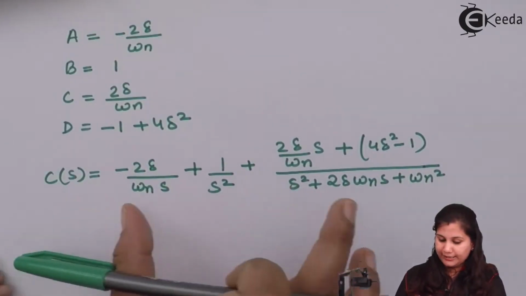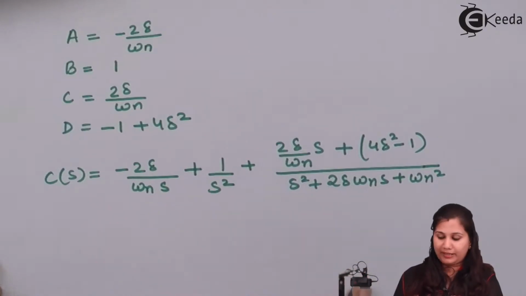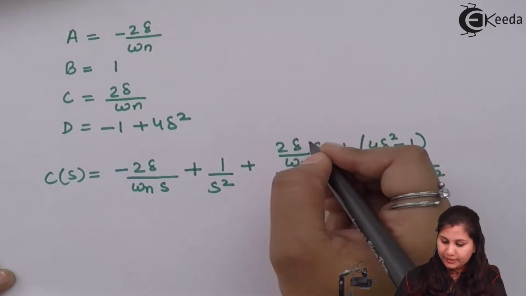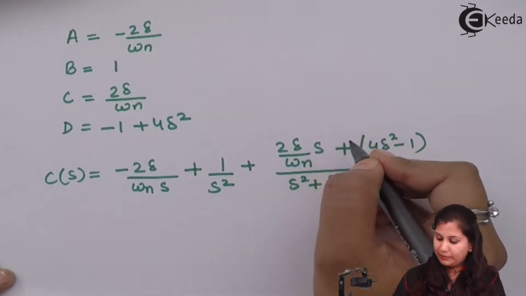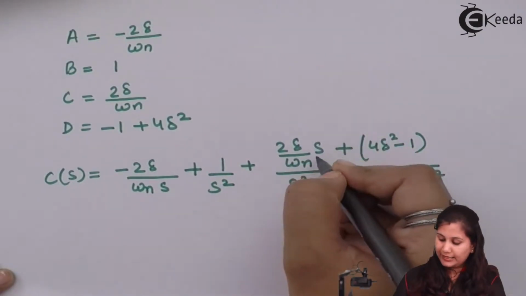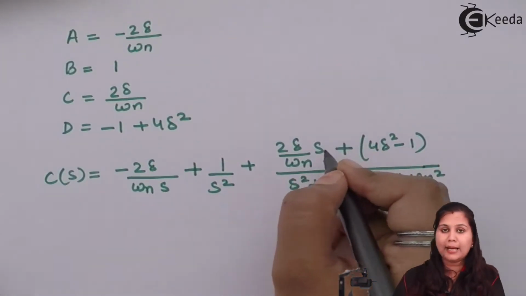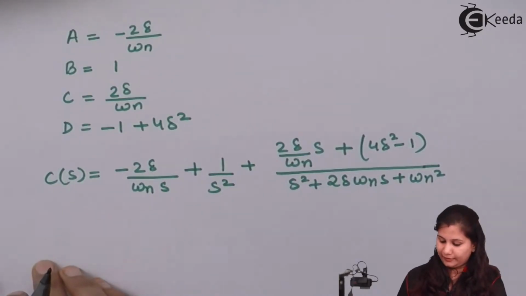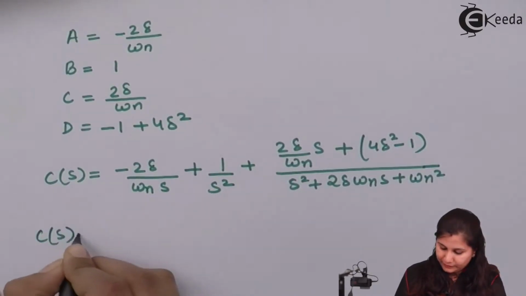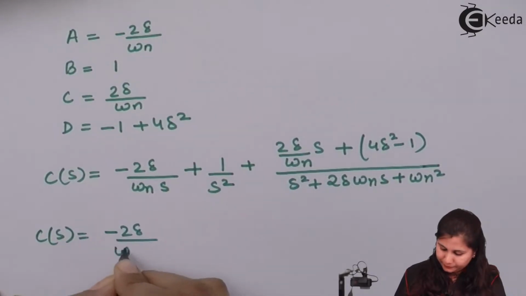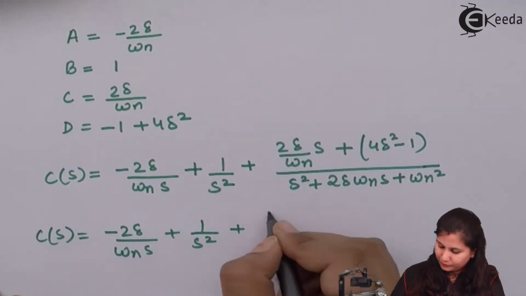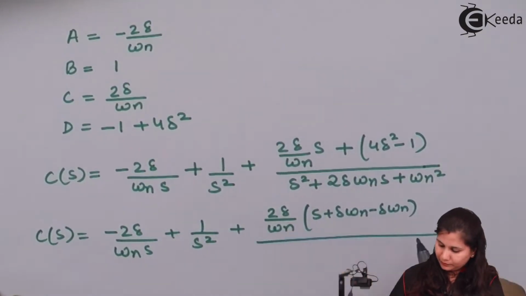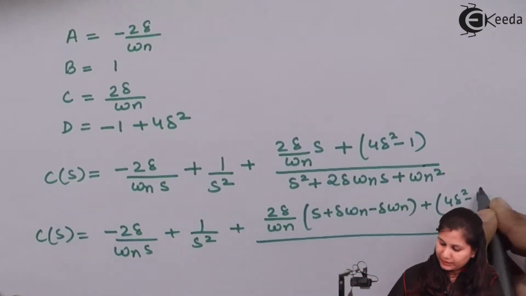So we have got C(s). Now we will simplify this. Here we add and subtract delta omega n in place of s, so s is replaced by s plus delta omega n minus delta omega n, and the term plus 4 delta square minus 1 stays as it is.